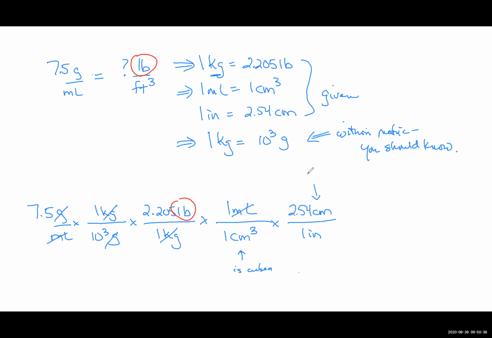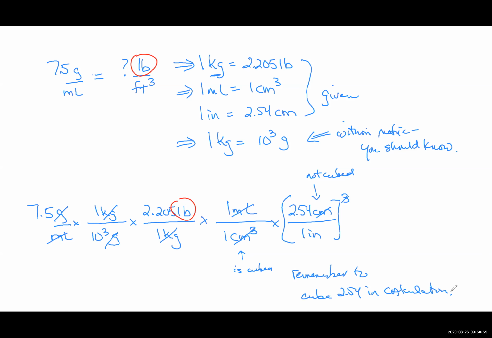This is not. So what do you have to do? You can cube it. Now centimeters cubed would cancel out centimeters cubed and you'd have inches cubed. If you do it this way, remember to cube 2.54 in the calculation.